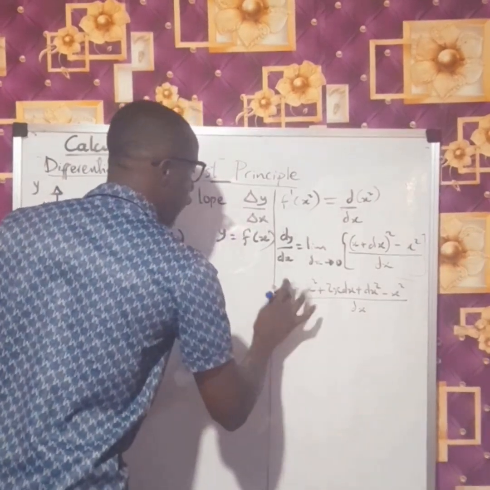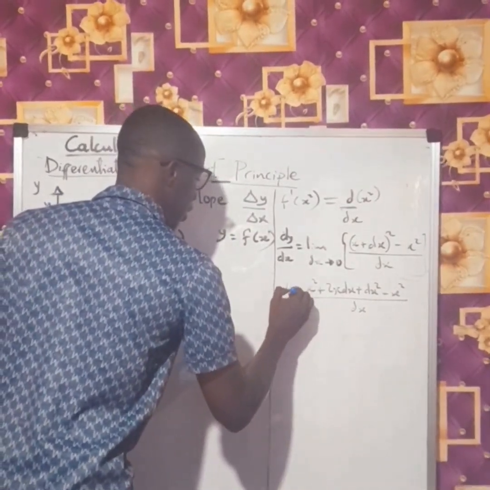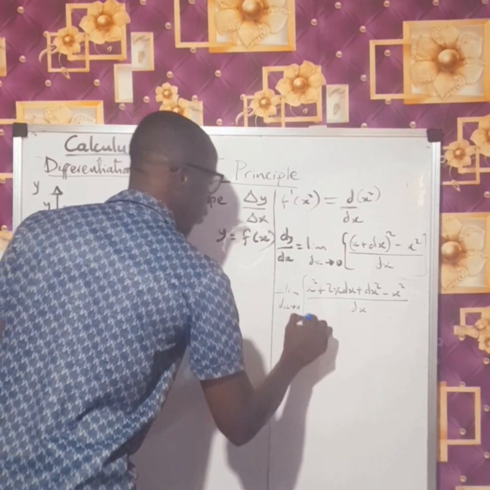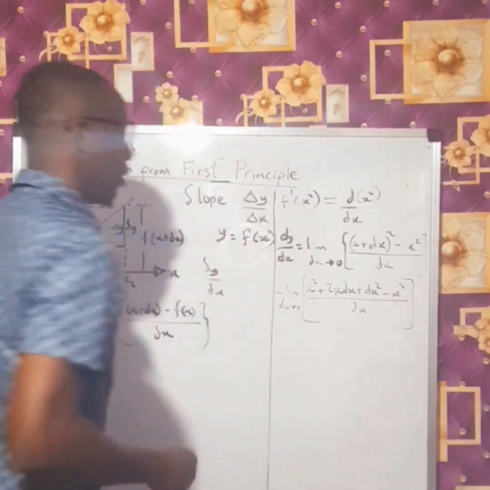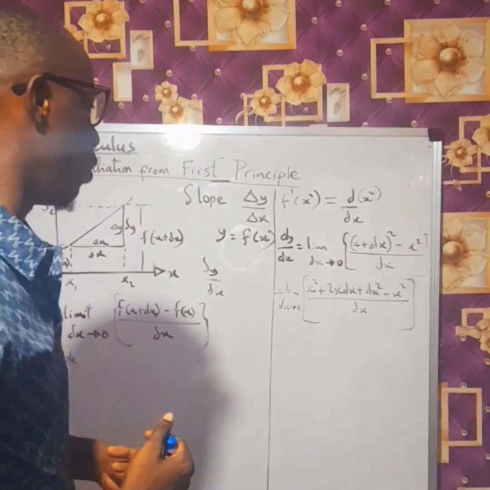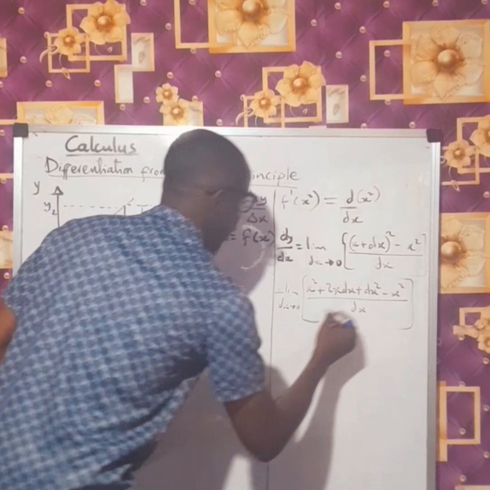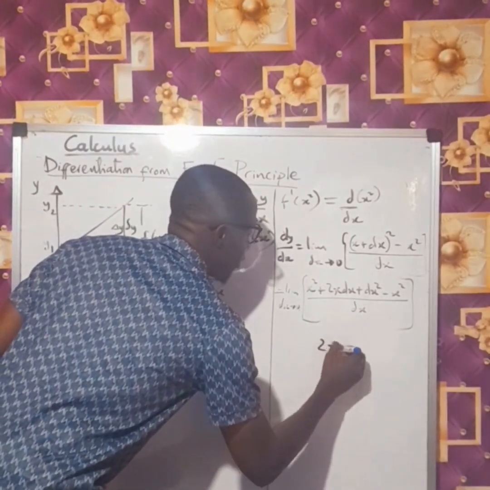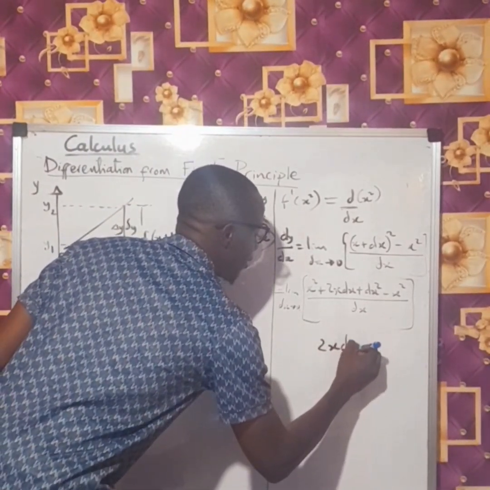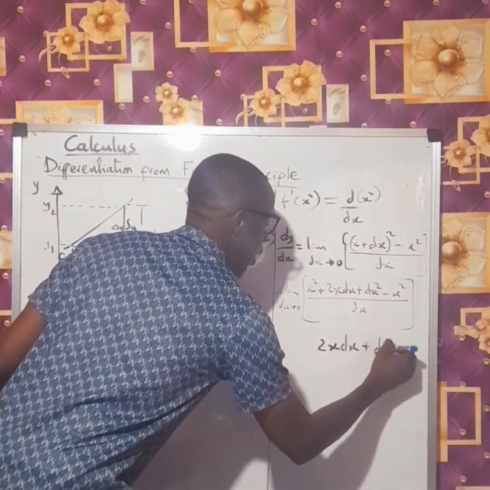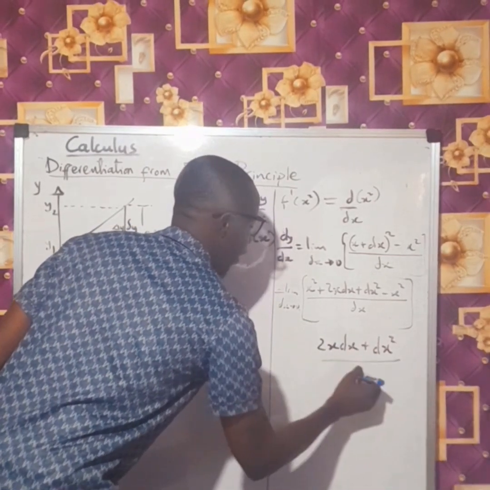So we have the limit as dx tends to 0 of the whole of this. Our answer here now is 2x dx plus dx squared all over dx.